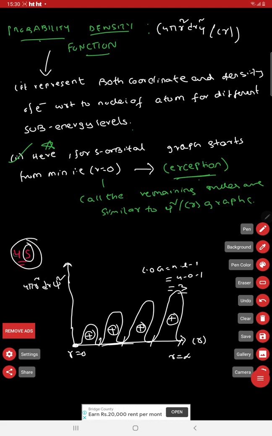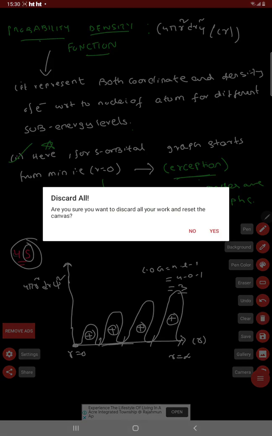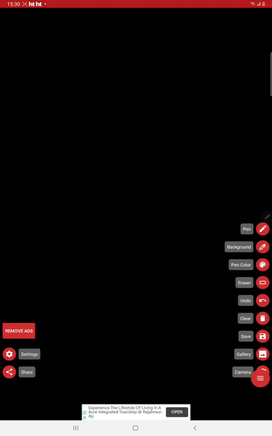So generally these are the graphical methods for representing the electronic structure of the atom and the density of electrons around the nucleus with respect to the distance we are taking, that is small r.